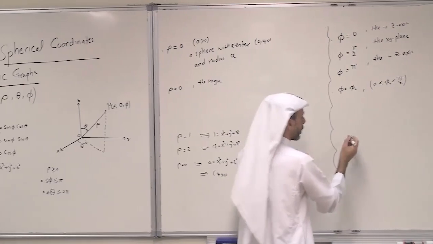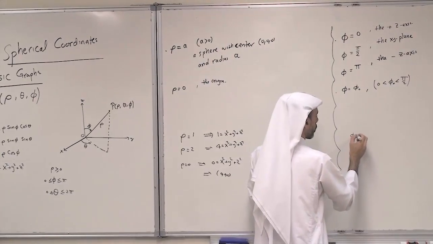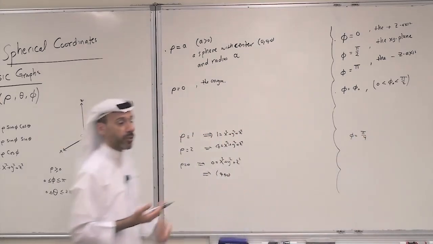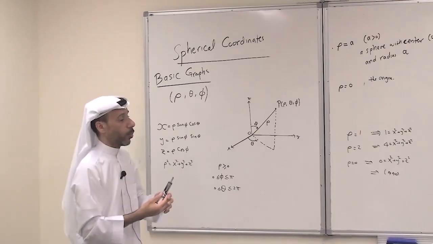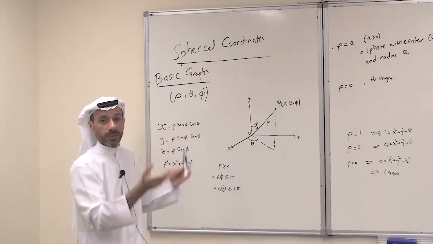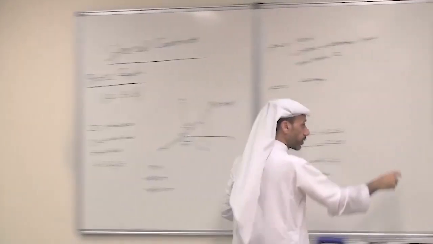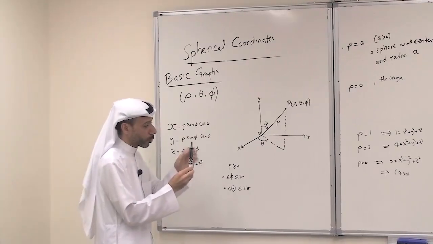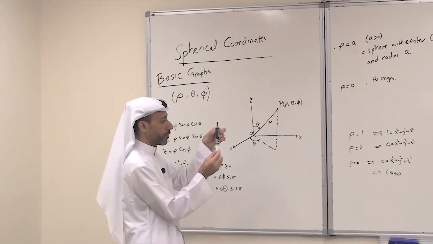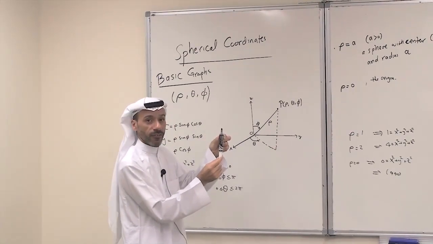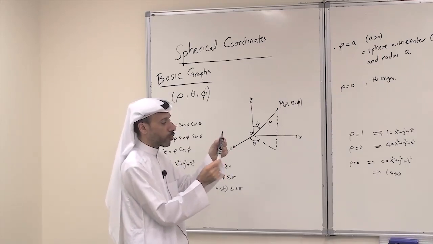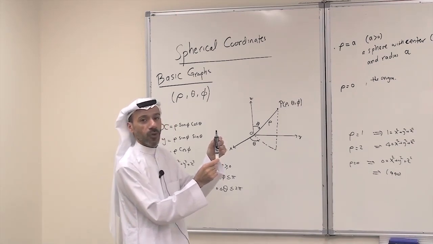For example, if I take phi equals pi over 4, what is the graph of this equation? What is the collection of all points in space whose phi equals pi over 4? Again, it is very simple by rotation. This is the positive z-axis, and you measure phi by rotation. So I have to rotate the z-axis an angle of pi over 4.